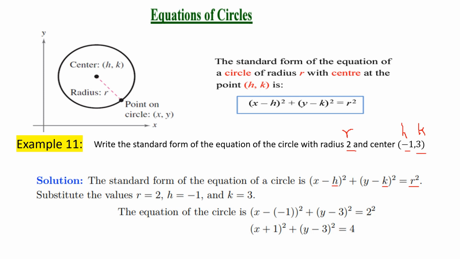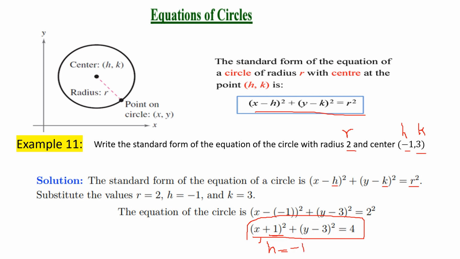So that's it, simple. And in another way, we can ask a question where we give you the standard form of the equation and ask you to find the center and radius. For this case, you have to compare with the general form. So what is in the place of h? In the general form we have minus, but here we have plus, so h must be negative 1.